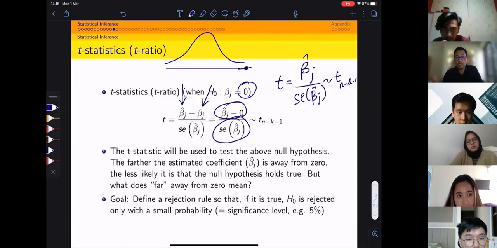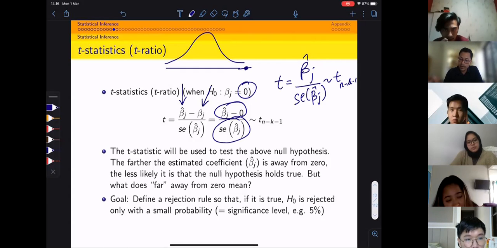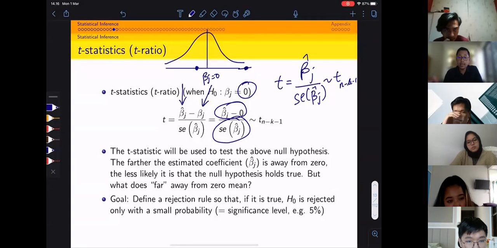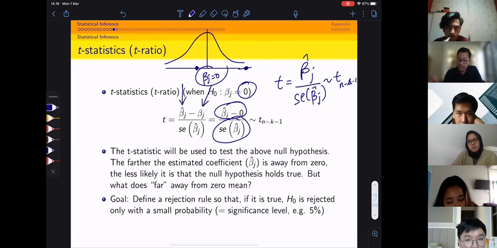Then we can say it's very unlikely that the value is actually 0. Or perhaps we get the value right here, and given the null distribution, it's actually very likely. So we want to make a statement about how far away our estimate is from 0.